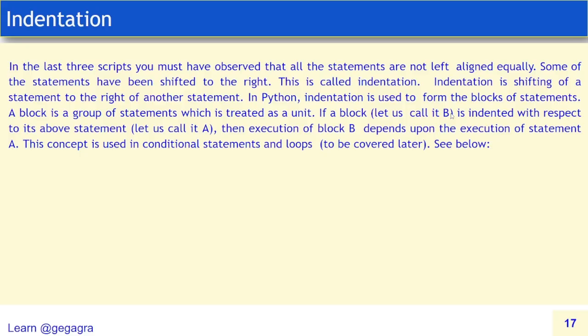In Python, indentation is used to form blocks of statements. A block is a group of statements which is treated as a unit. If a block, let us call it B, is indented with respect to its above statement, let us call it A, then execution of block B depends upon the execution of the statement A.